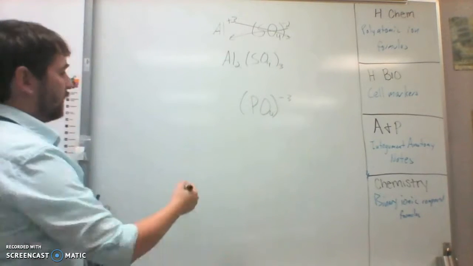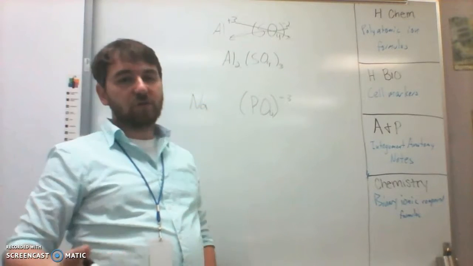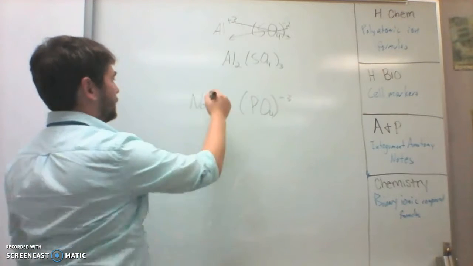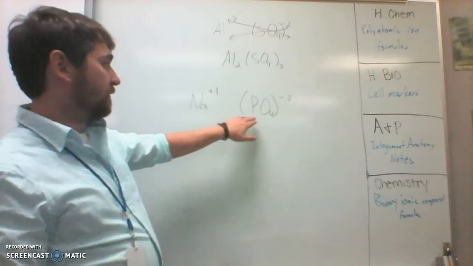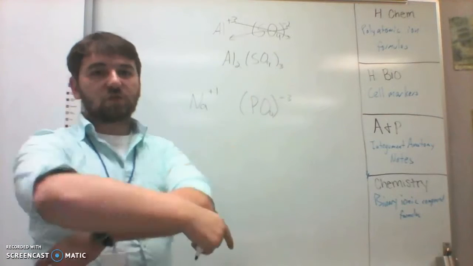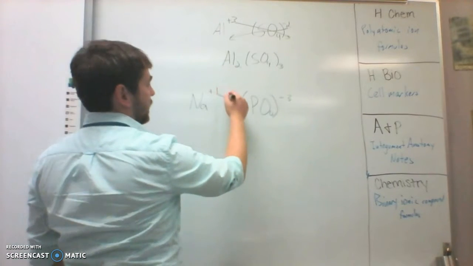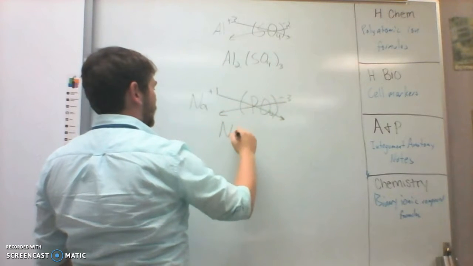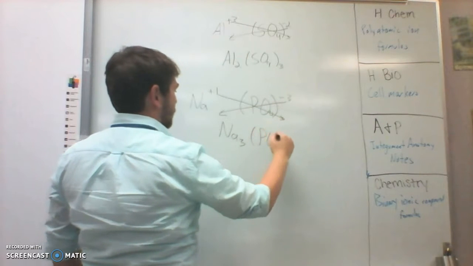Sodium, Na, is in column 1, 1 outer shell electron, gives it away, and forms a charge of +1. I already put my polyatomic ion in parentheses, so I just crisscross. That 1 goes outside the parentheses, and that 3 comes over here. So I end up with Na3(PO4).